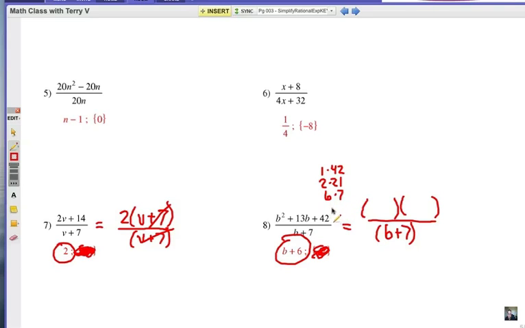And 3 times 14. All right, so which of those pairs would work? Well, if we have to add to get the middle term there, it looks like 6 times 7. So we're going to have b plus 6 and b plus 7. And of course, those binomials disappear by canceling, so b plus 6 is my final answer.